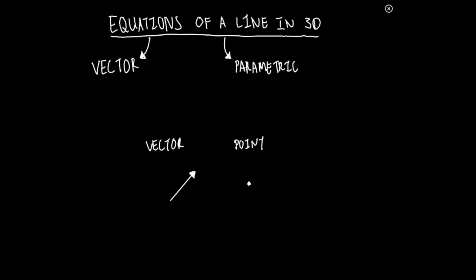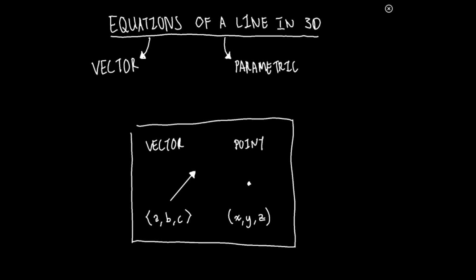The vector has three components, which show which way it's pointing in three-dimensional space. And a point has three components which show where that point is located in three-dimensional space. So between these two components, you can describe any line in space.